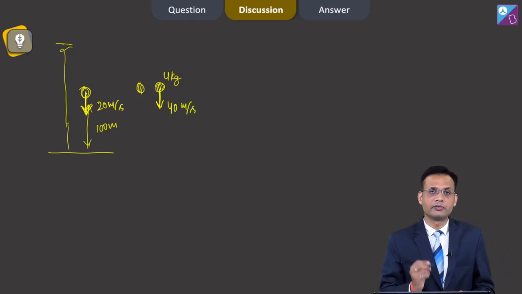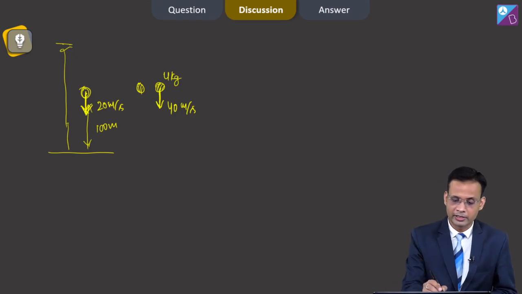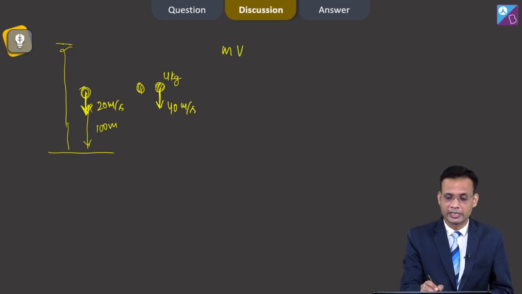Now, using conservation of linear momentum, we can say that the momentum before explosion, that is mass into velocity, is equal to m1 v1 plus m2 v2.